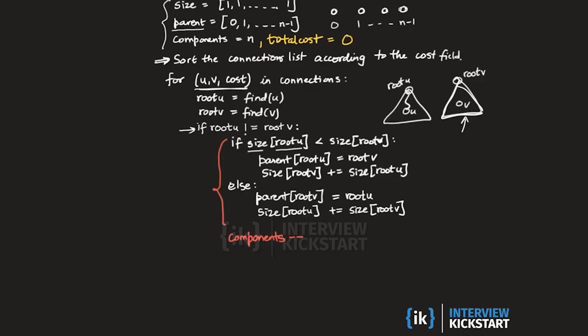So it's initialized to 0, and whenever we do a union operation, we are effectively adding the edge u comma v to the growing structure that will become the minimum spanning tree. So we can therefore increment at that point the total cost by the cost of that edge between u and v.